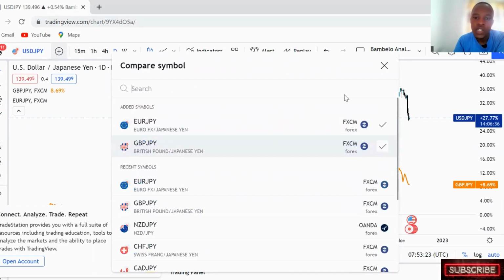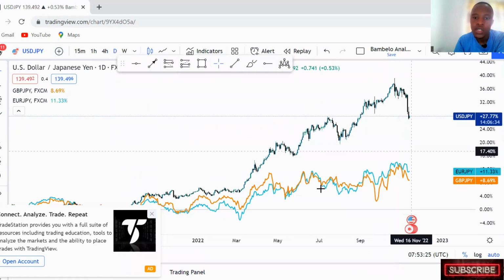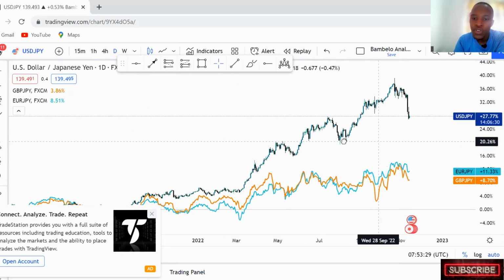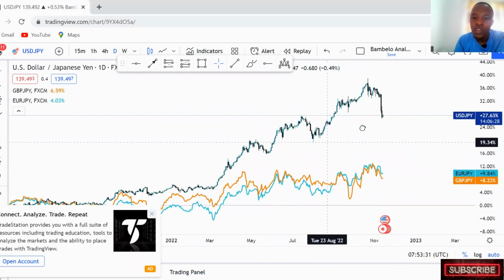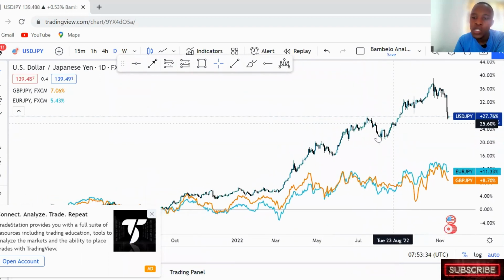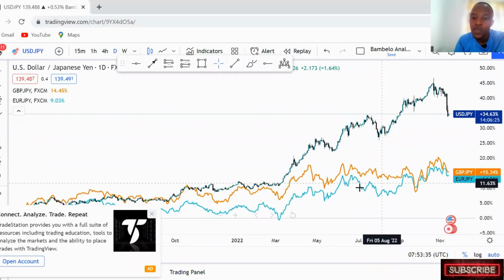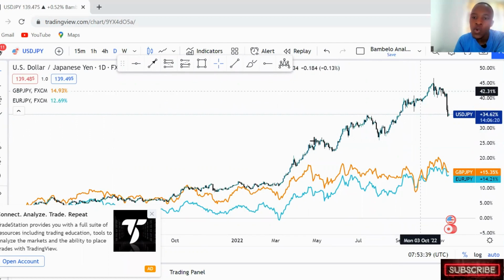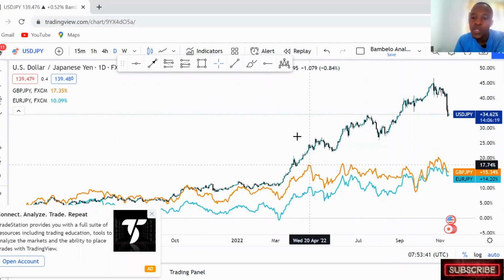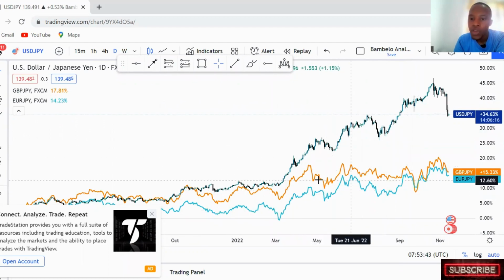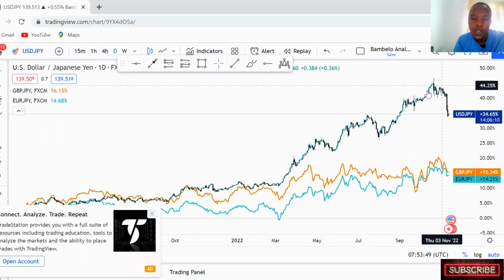If you add Euro JPY, which in this case is the light blue one, you would see that in as much as all three are positively correlated, Euro JPY is much more correlated with GBP JPY than it is with USD JPY.